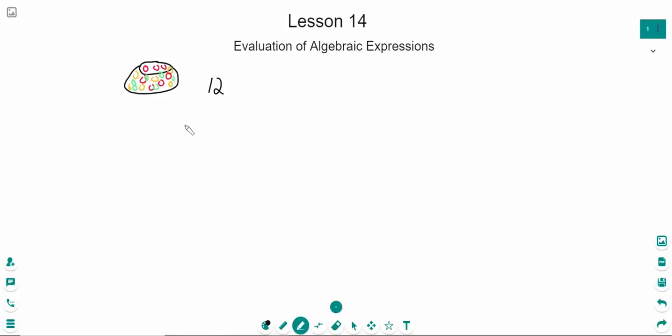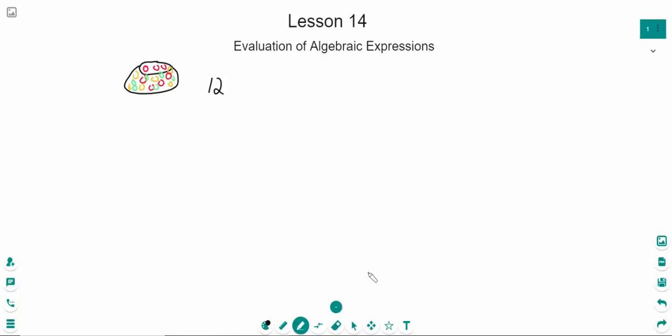But the point I want to make here is that when we think of the number 12, this is only one way to write the number 12. There are actually infinite ways that we could write the number 12, and they would all be equal. They would all represent, in this case, the same number of marbles in this jar.